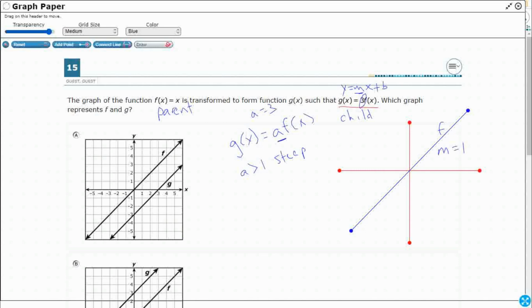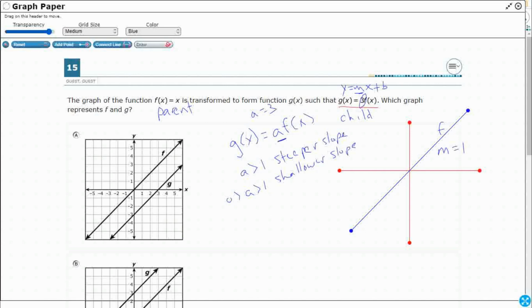So think of that as our slope modifier. If it's greater than 1, it's going to be a steeper slope. If a is greater than 0 but less than 1, so it's positive but not quite 1, then it's going to have a shallower slope. It's still positive, but it flattens out a little bit.